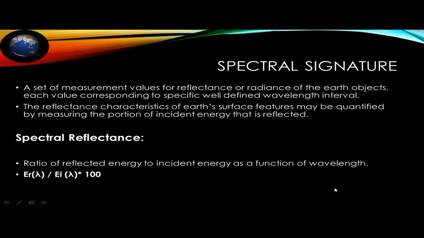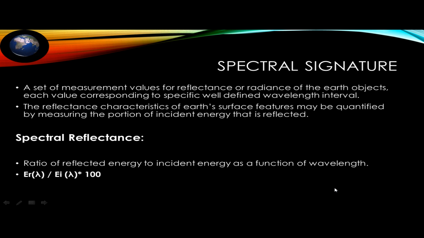So the reflectance characteristics of the earth surface feature may be quantified by measuring the portion of incident energy that is reflected. This is a very important line, guys. So spectral reflectance is the ratio of reflected energy to the incident energy as a function of wavelength.